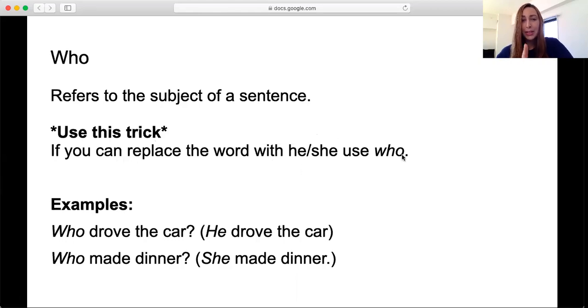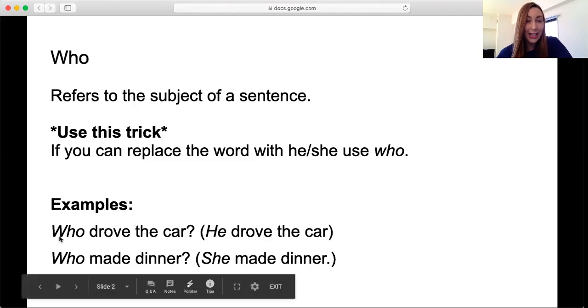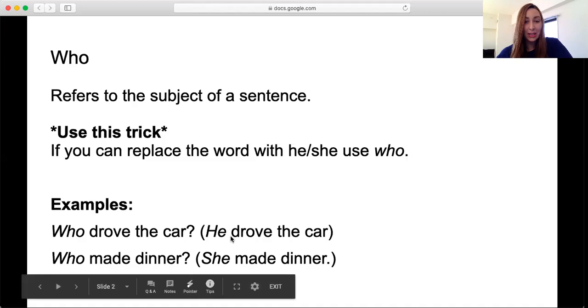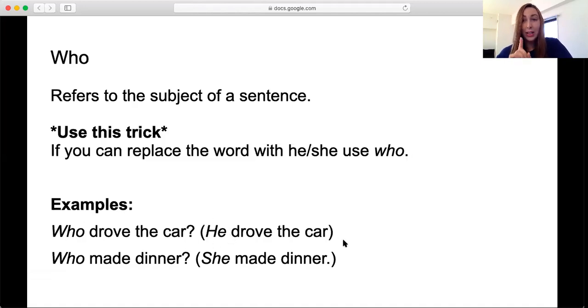I'm going to show you some examples. Who drove the car? We can answer by saying he drove the car. If we can use he, that means we should use who.